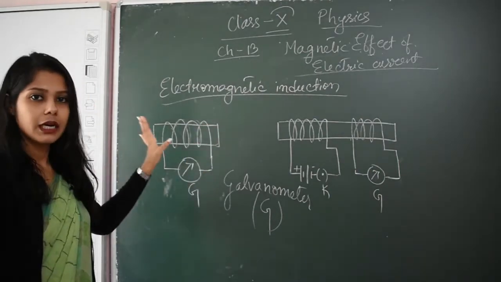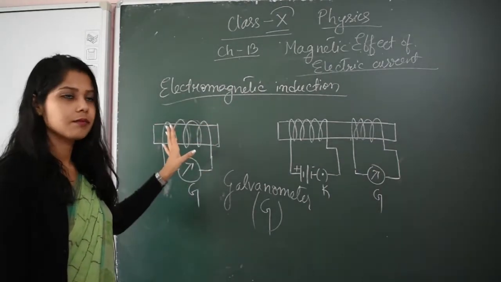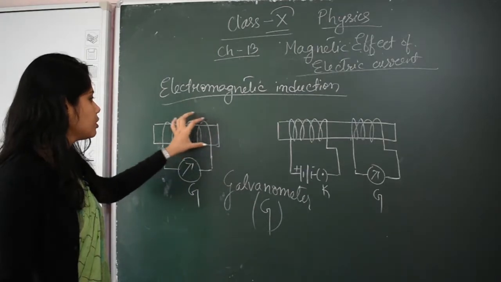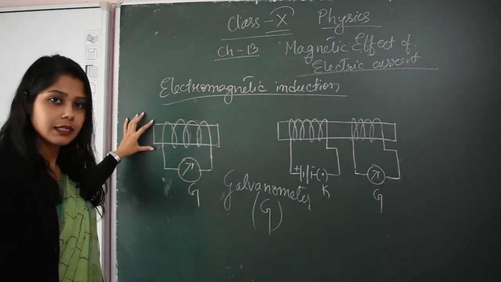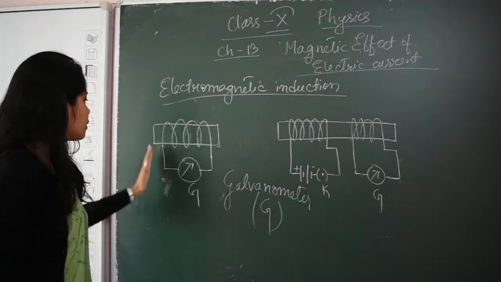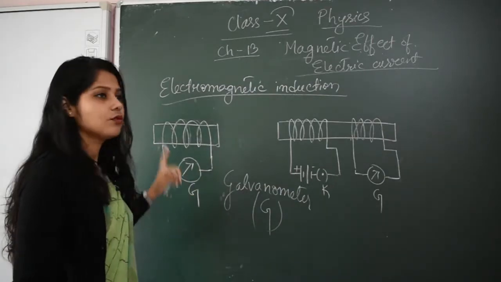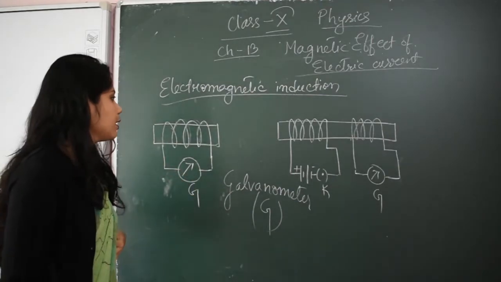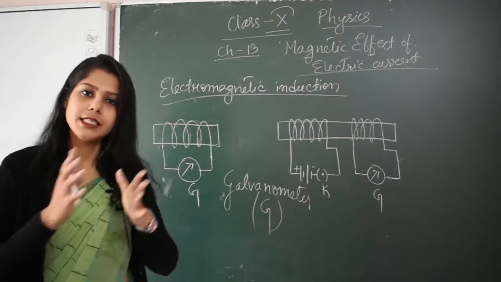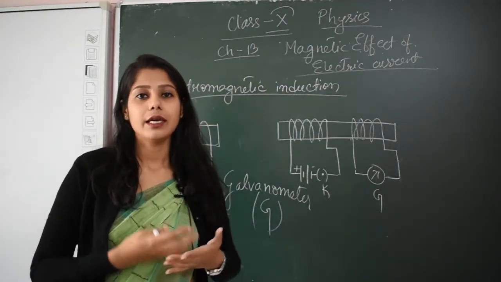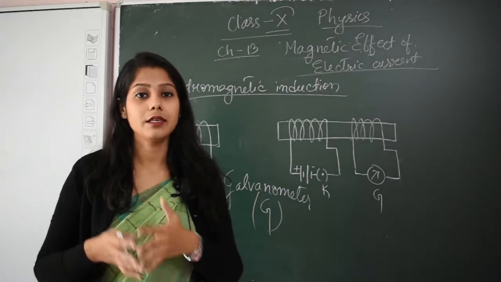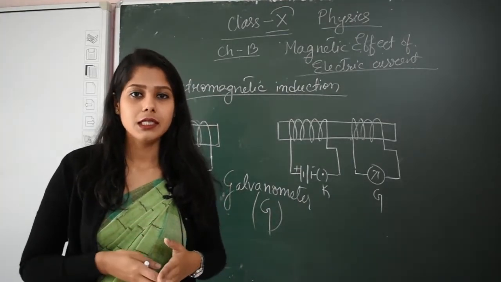I don't know whether the current is inside the coil or not. To check that, I am putting a current carrying conductor inside it, and the ends of the coil are connected to a galvanometer. A galvanometer is a device just like an ammeter, with which we calculate how much current we are getting, or like a voltmeter, how much voltage it is giving.